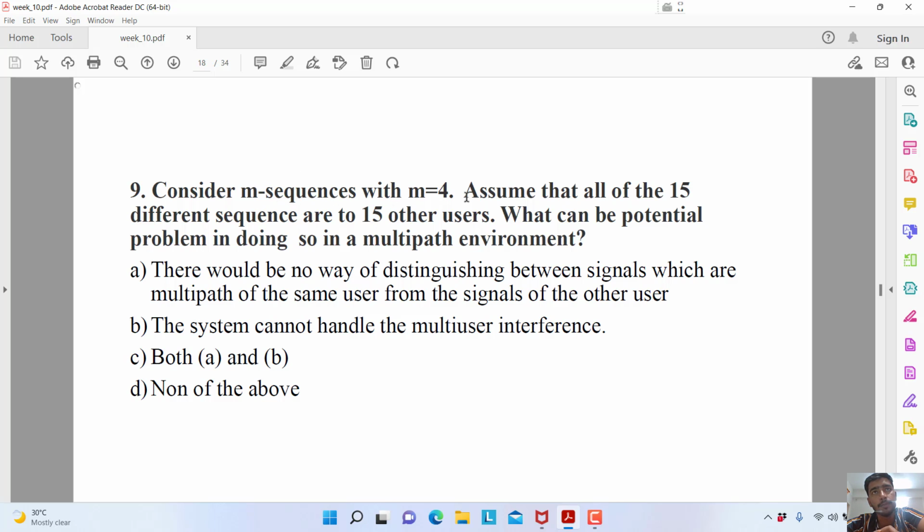Consider M sequences with M equal to 4. Assume that all of the 15 different sequences are assigned to 15 other users. What can be potential problems in doing so in a multipath environment?